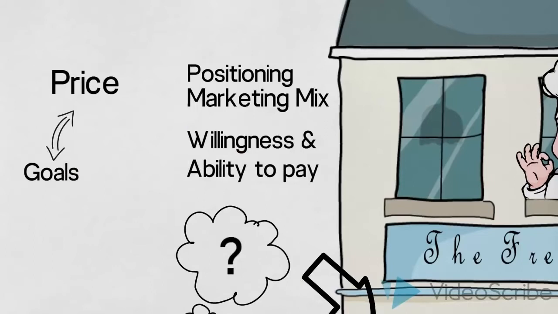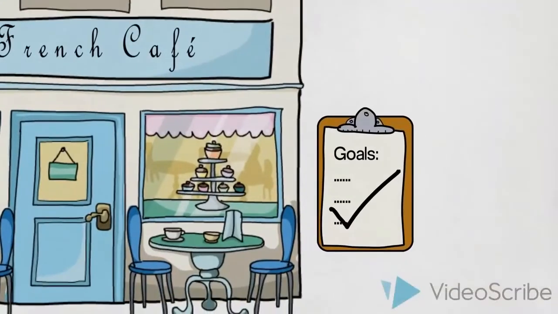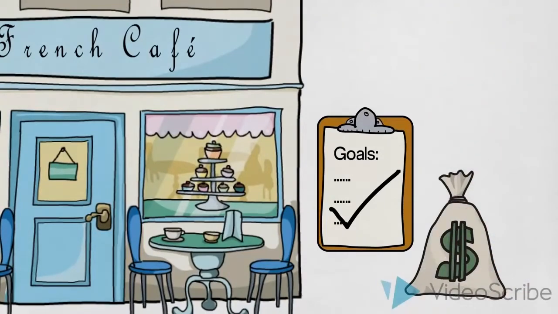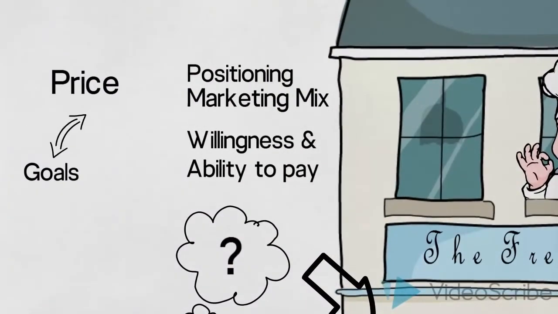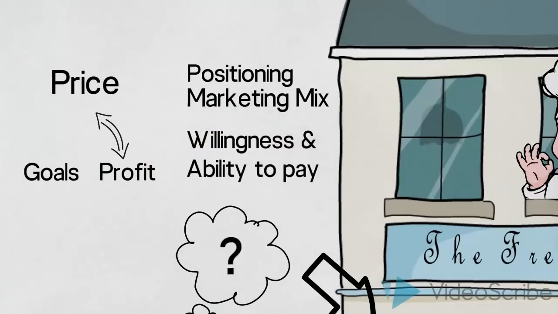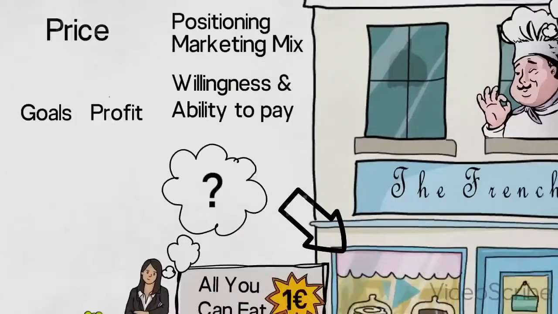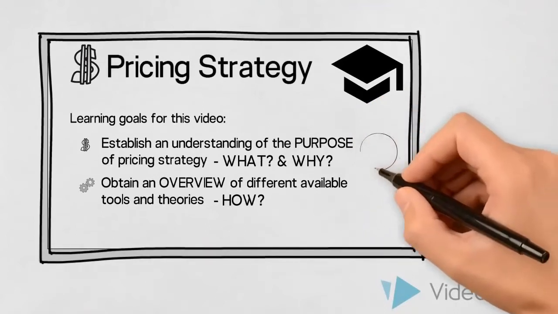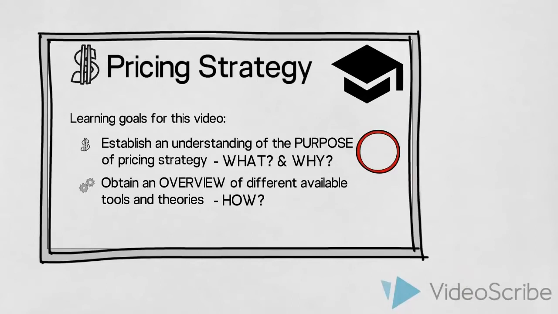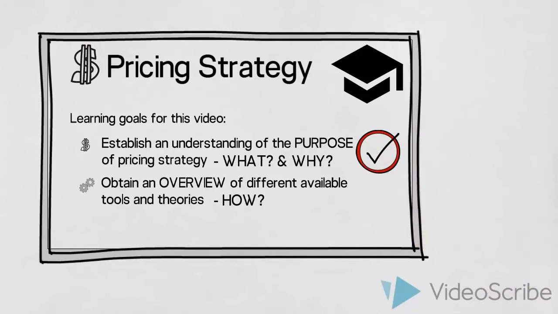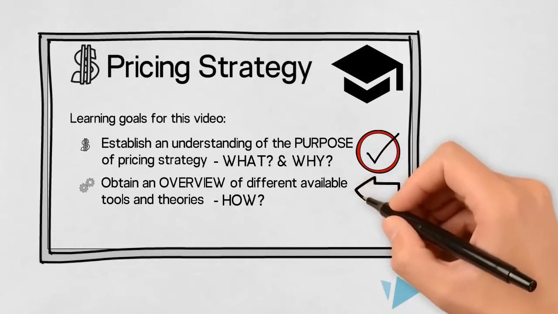And finally, we need to ensure that we generate adequate income to cover our costs and preferably make a healthy profit, either in the short term or in the long term, depending of course on our strategy. We have now established the purpose of pricing strategy, what it is and why we need it. We have established that there are many factors which we need to look at before we can decide on the best price for our product or service. So let's move on.